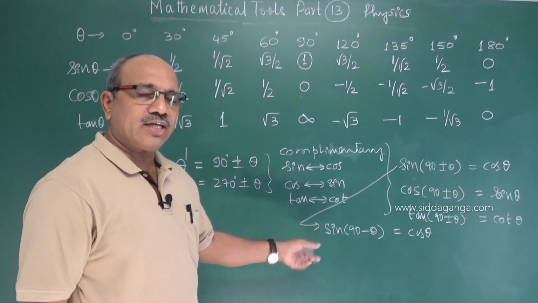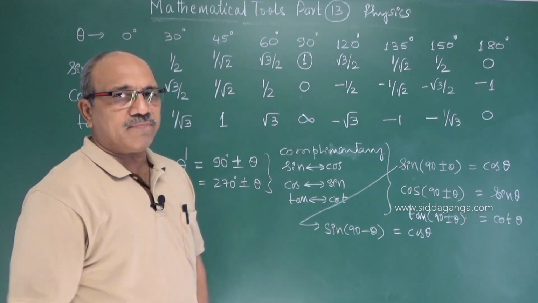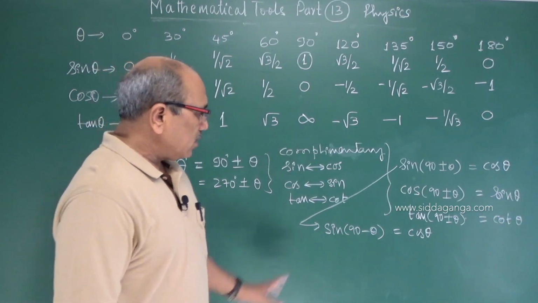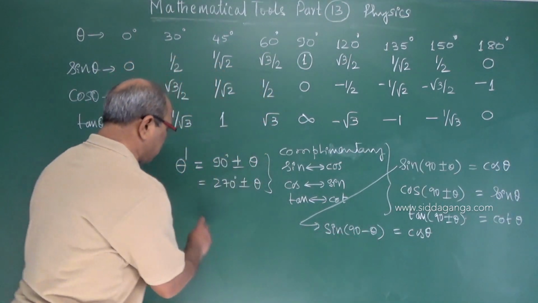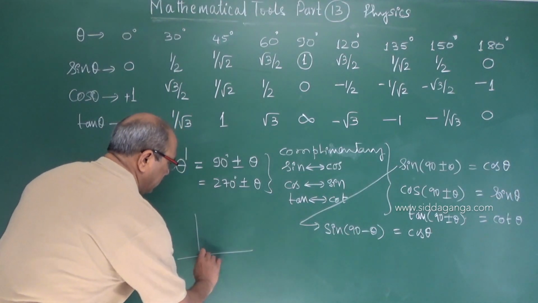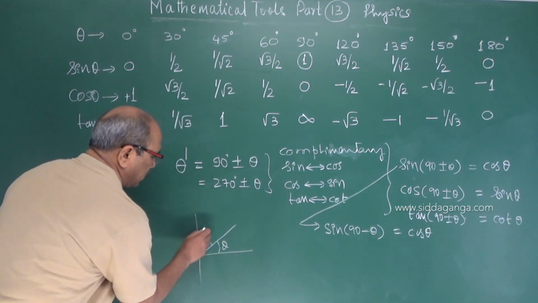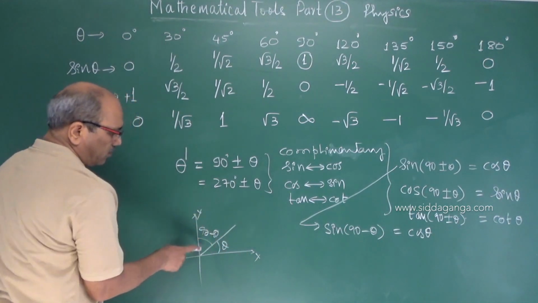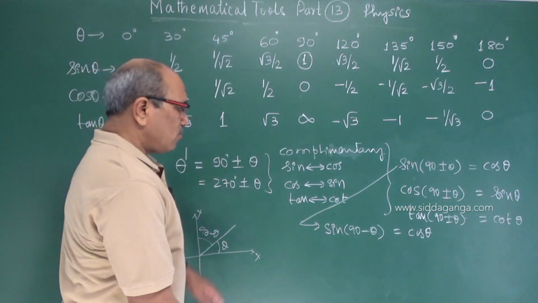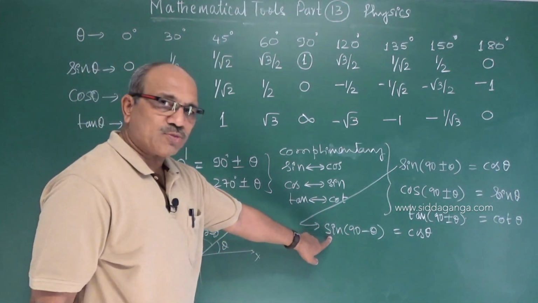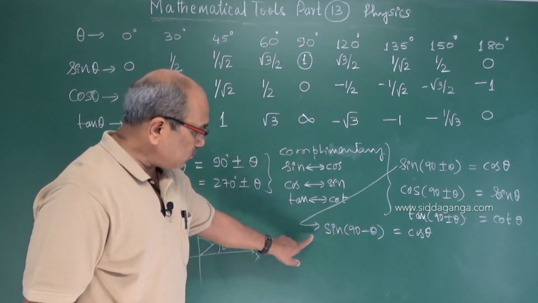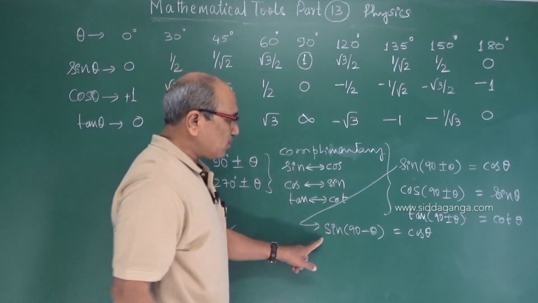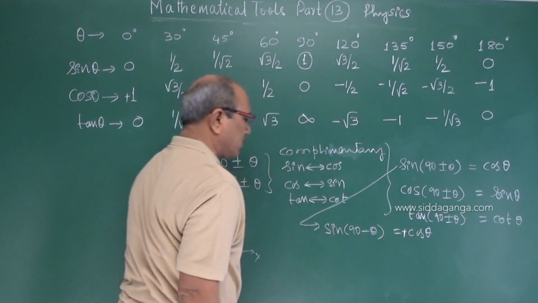I will show one or two, and you can apply the same principle and confirm yourself that the formula is right. 90 minus theta is in the first quadrant. In the first quadrant, the sine function is positive. Don't look at that one. You see this, you are measuring sine, not cos. Cos is coming in the solution. So it is positive, therefore it is plus cos theta.